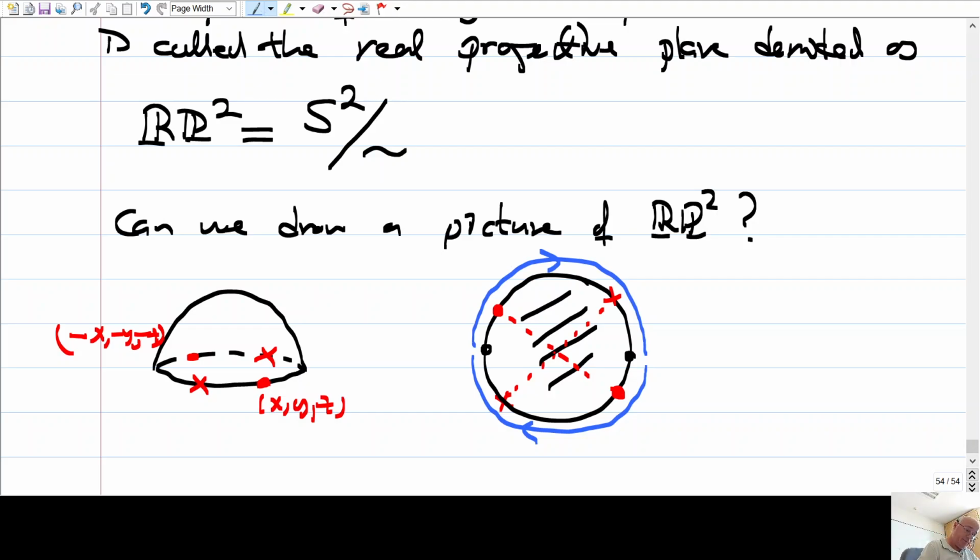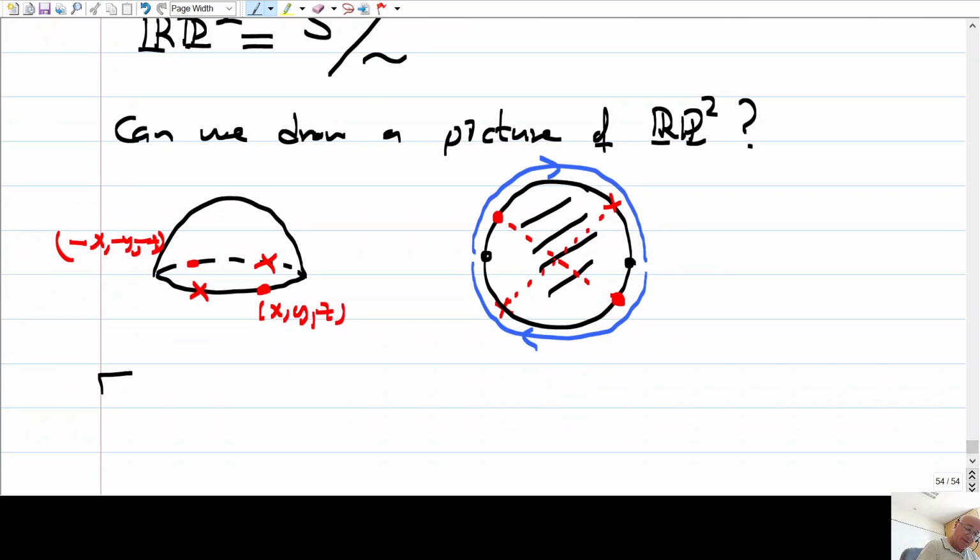The reason is that RP2, okay. So the fact is this is not an easy fact. If you can do this in R3, it means you have a copy of RP2, real projective plane, in R3.